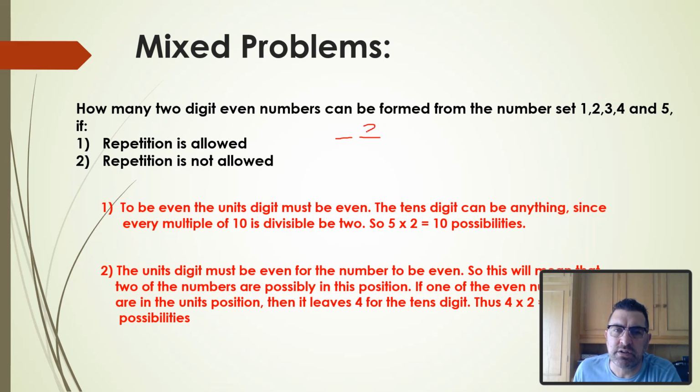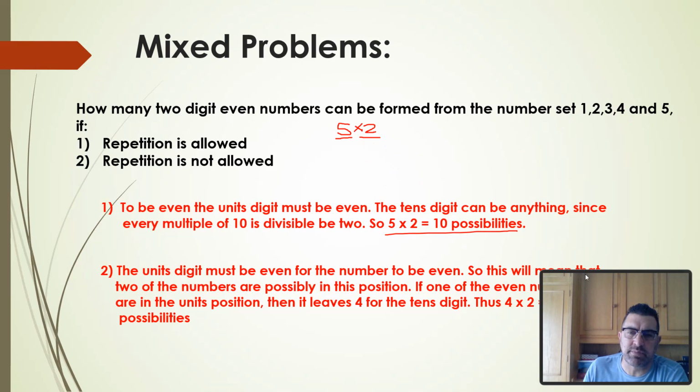For the first digit, we have 5 possibilities to choose from. So in total there's 5 times 2 ways to choose it.